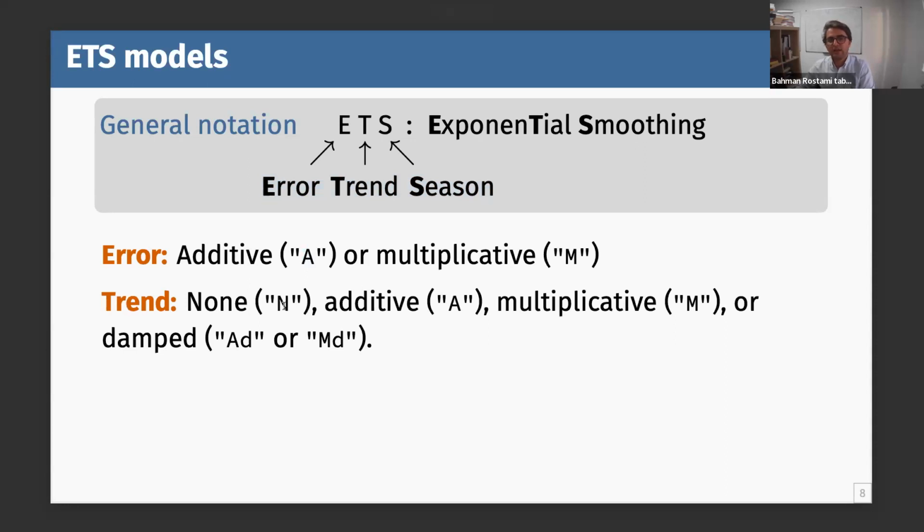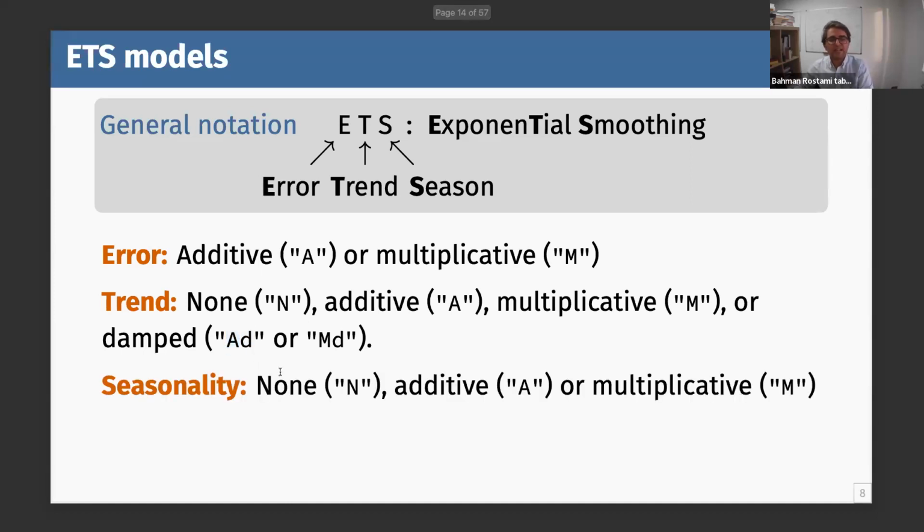Trend can be none, so there is no trend. It could be additive, with the letter A, or multiplicative, which, as I said, is not recommended, but you can have it here as well. It could also be damped, so if you have an additive trend that is damped, you use Ad. For the seasonality part, you could have none, using letter N, letter A for additive seasonality, and letter M for multiplicative seasonality.